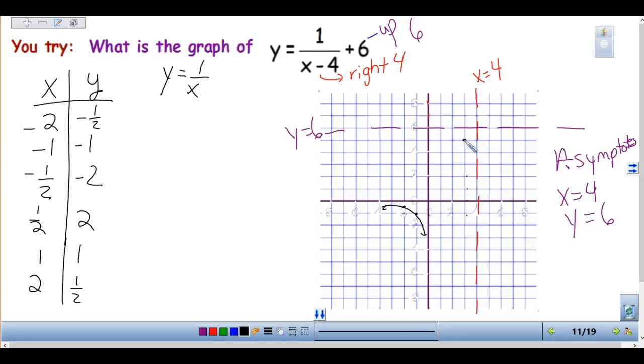Notice, wasn't this one spot away from my axis? That one's also 1 spot from the new one, okay? And then I would have a point here, and I have a point right here. So then, here's my new curve. That's the negative part of it.